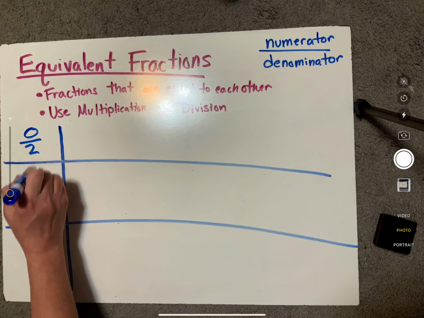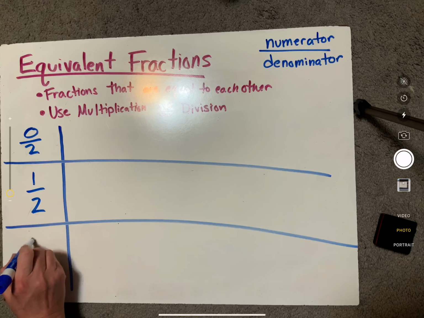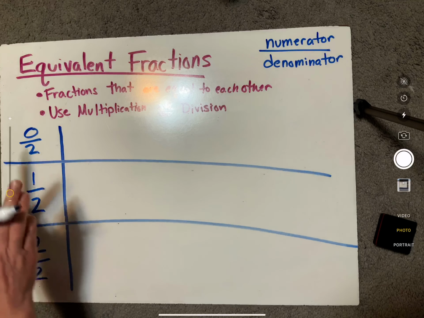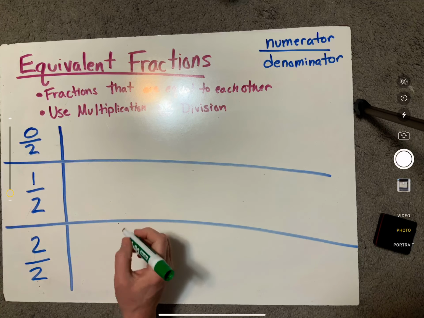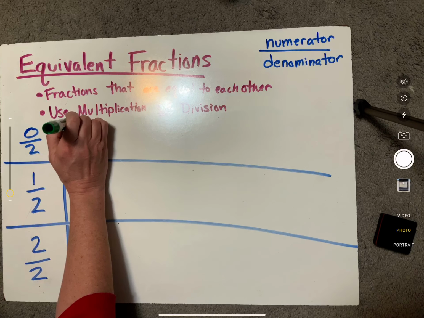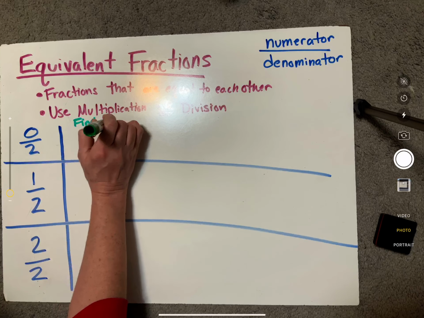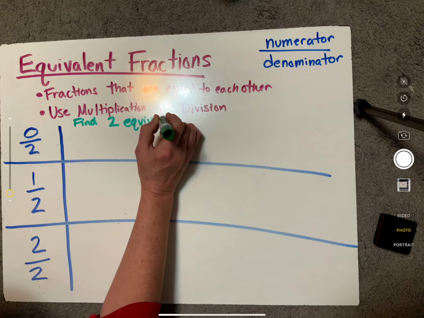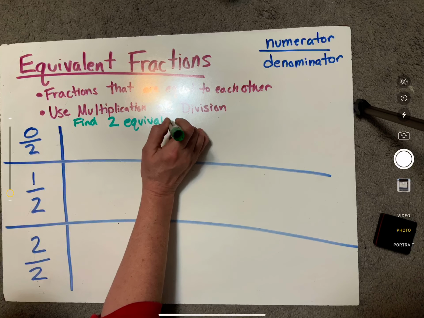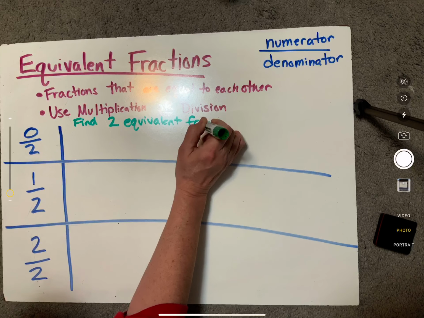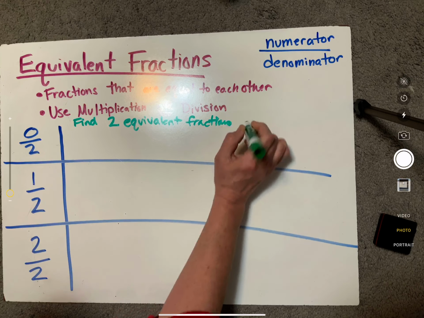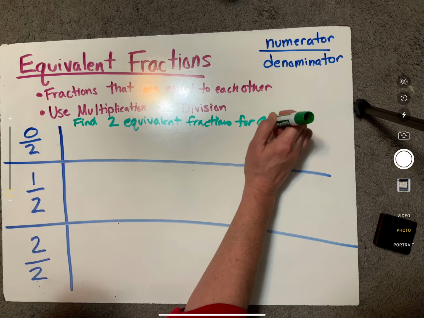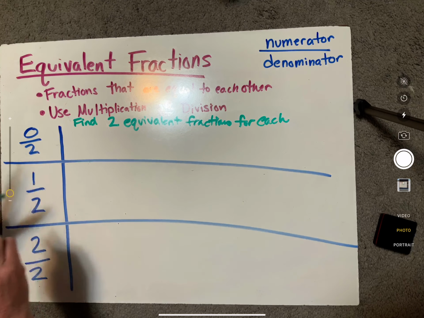These are the first 3 on your chart. And what I want you to do for each one of the items on your chart is find 2 equivalent fractions. For each. And there's a direction at the top of it in red, just in case.